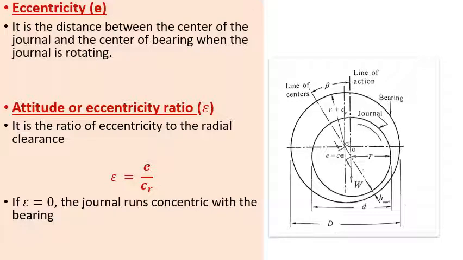And now if epsilon is equal to 0, that means there is no eccentricity between the journal and the bearing, and the journal runs concentric with the bearing. And if epsilon is equal to 1, then we can say that the journal touches the bearing.